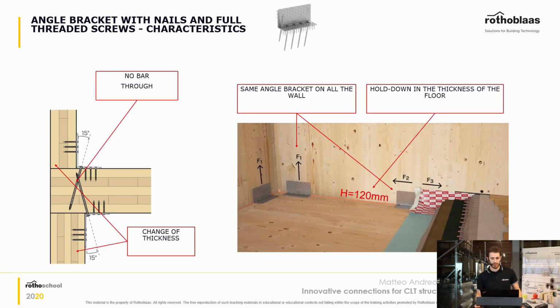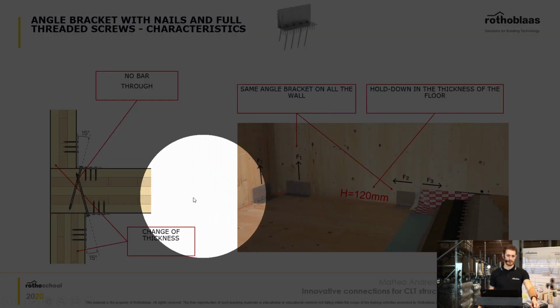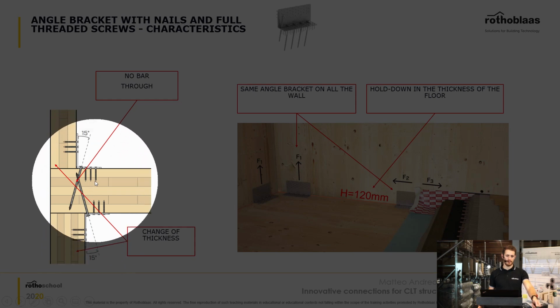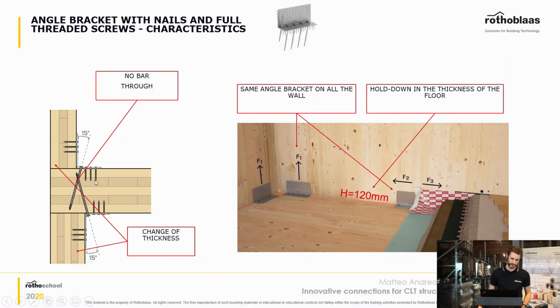As you can see, for a standard hold down, for example, you need a threaded bar that passes through the CLT floor panel. In this scenario, you don't need the bar, but you just have the inclined screws that are doing exactly the same thing. So they are resisting the tension forces.